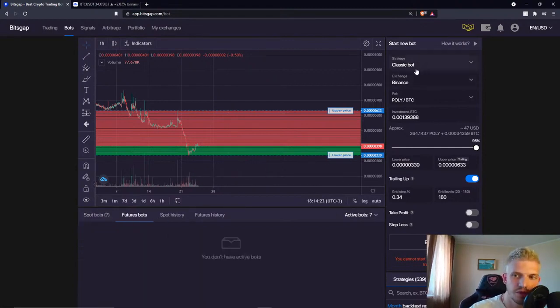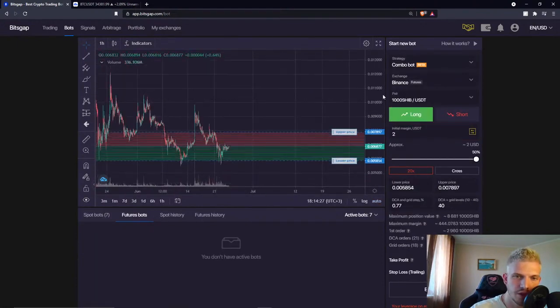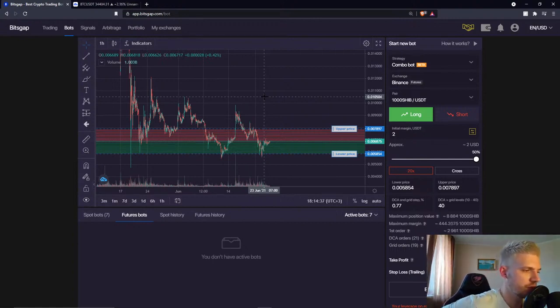But that's something that is going to be for the futures bot. Maybe let's switch to the futures bot real quick. So here it is. As of now, you have the backtest feature, using which you can see the performance the bot would have generated if you launched it at some point in the past, let's say 2 weeks ago, a week ago.